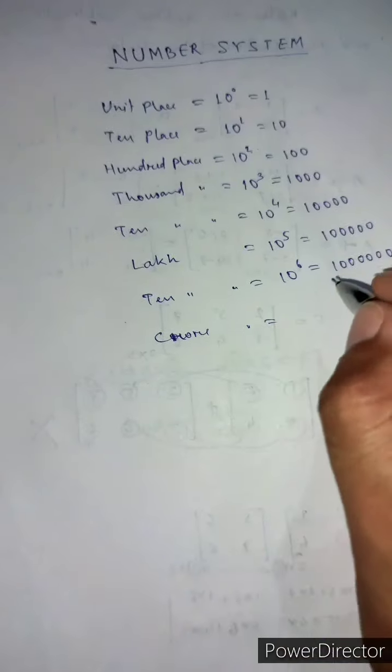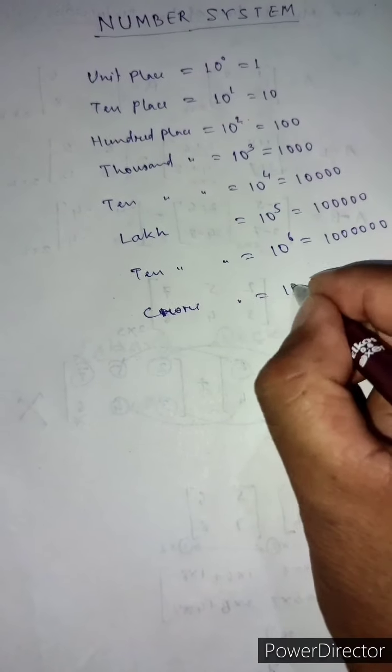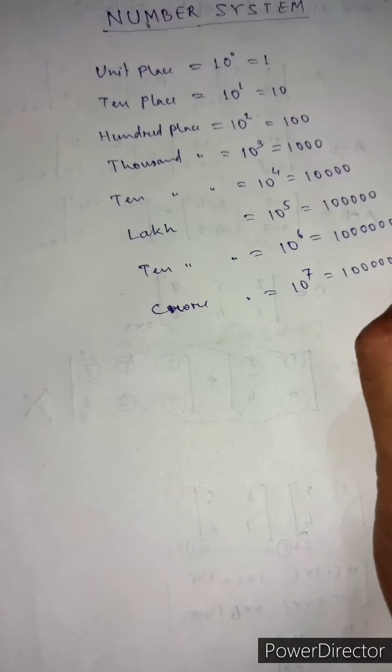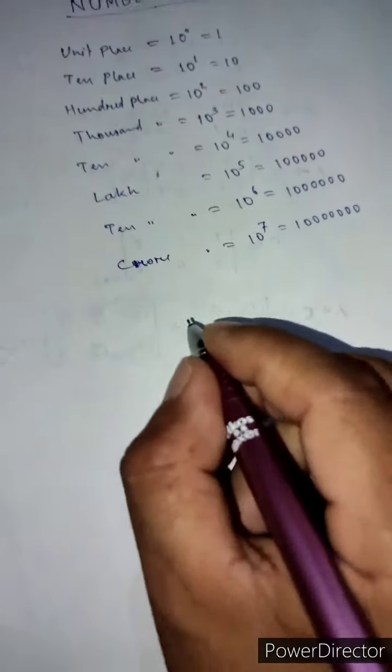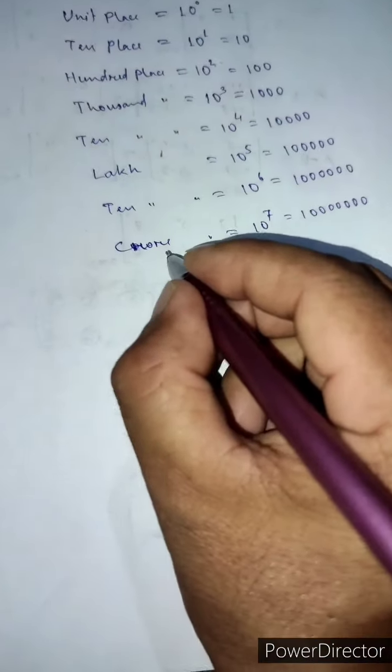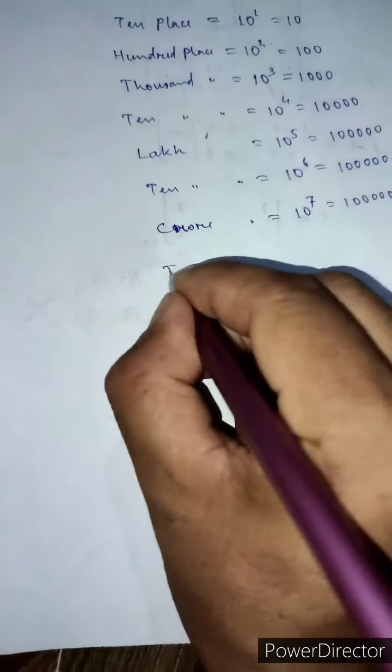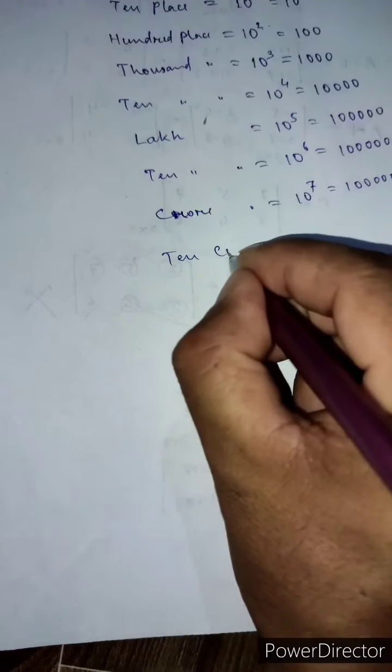Crore place, then index 7, start 7. After that what comes to us is 10 crore.